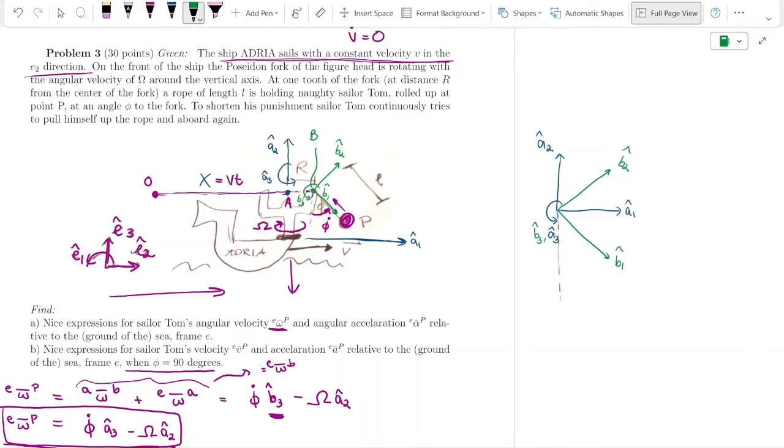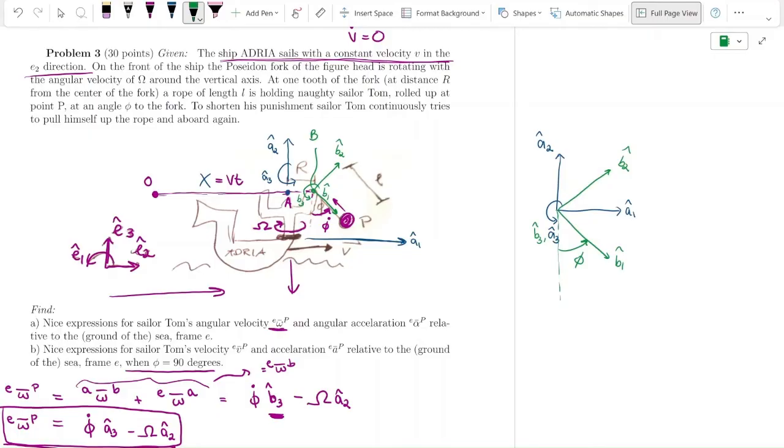We know that b1 hat always points towards Tom, so it's going to be at an angle phi from the vertical. This is the vector projection idea: you look at it from a certain perspective, in this case top down, and draw what the A frame and B frame look like on top of each other, and then we can write things in terms of each other.